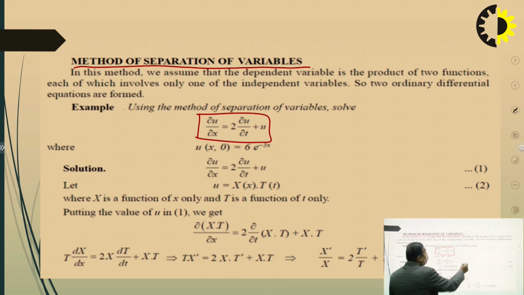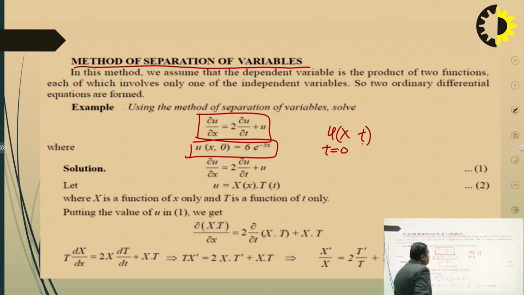That means u is a function of x and t. There are two variables, x and t. Now here t is equal to 0. At t is equal to 0, u(x, 0) is equal to 6 e to the power minus 3x. We have to calculate with the help of separation of variable. Solve this equation.